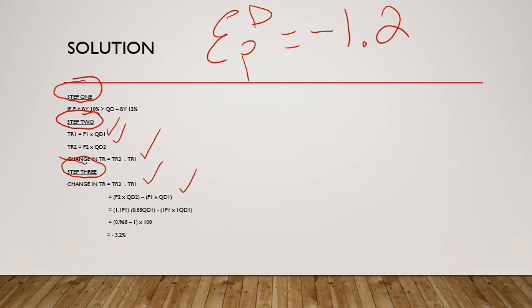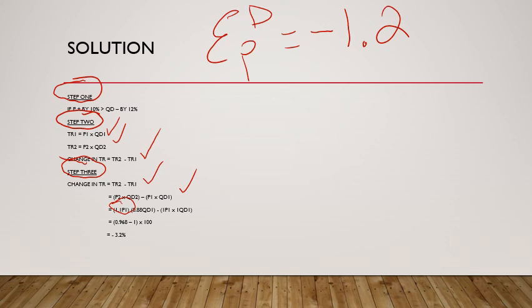Since we don't have P1, since we don't have P2, but we do know that the difference between P1 and P2 is 10%, then we'll assume that P2 is 1.1 P1. That tells us that P2 is 10% higher than P1.